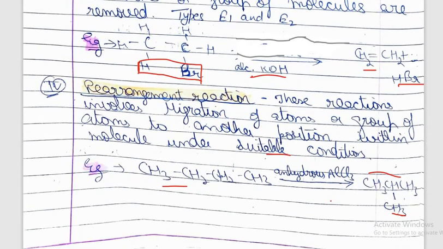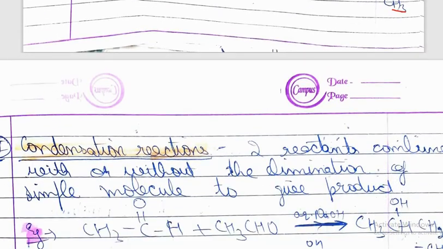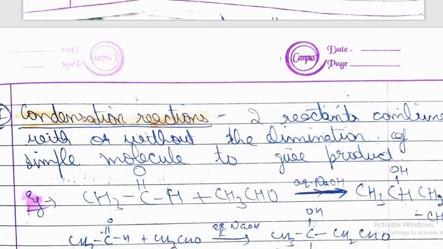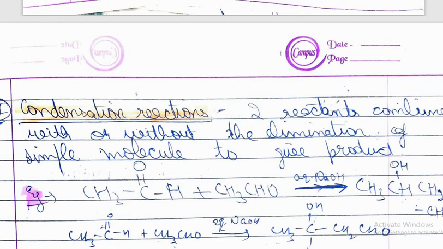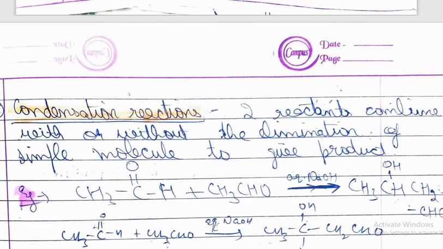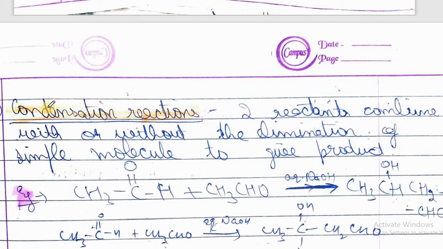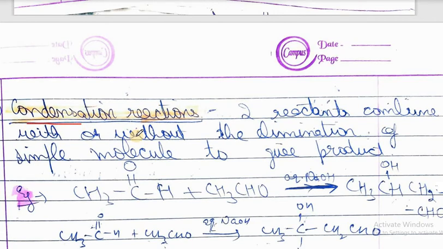And then the condensation reactions. In condensation reactions, two or more reactants combine with or without the elimination of a simple molecule to give the product. That is, two or more small molecules condense.